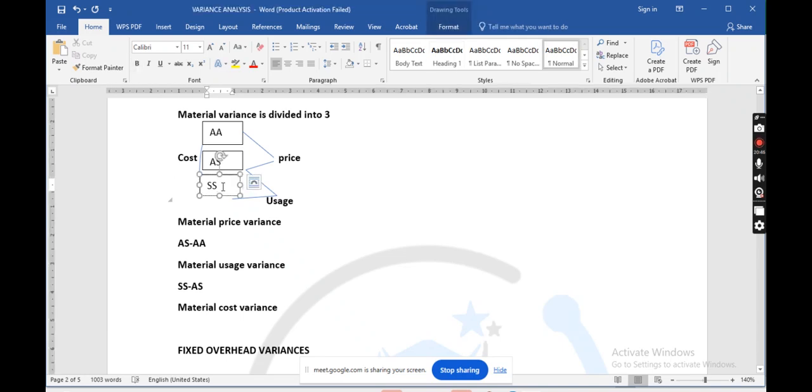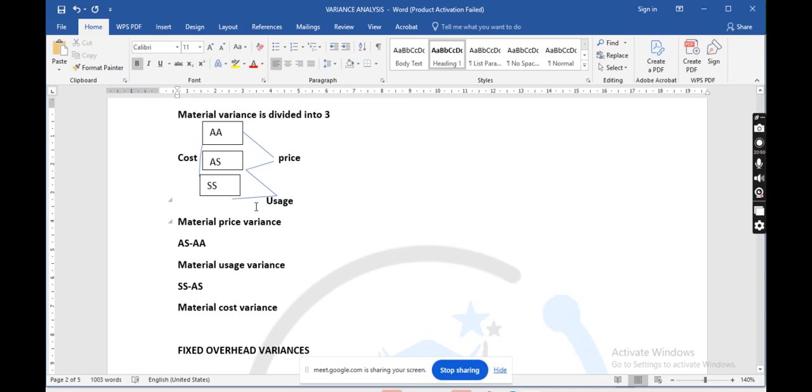In the usage, we compare the SS to AS. To get your material cost variance, you will have your SS minus your AA. With this, you can get your material cost variance, right?